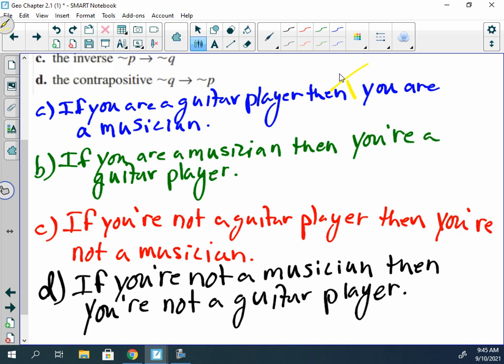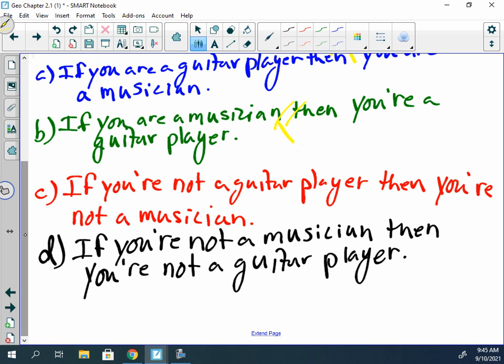Because you can play the drums, you can play the sax. There are so many different musical instruments, but just because you're a musician doesn't necessarily mean that you have to be a guitar player. False. All we need is one case.